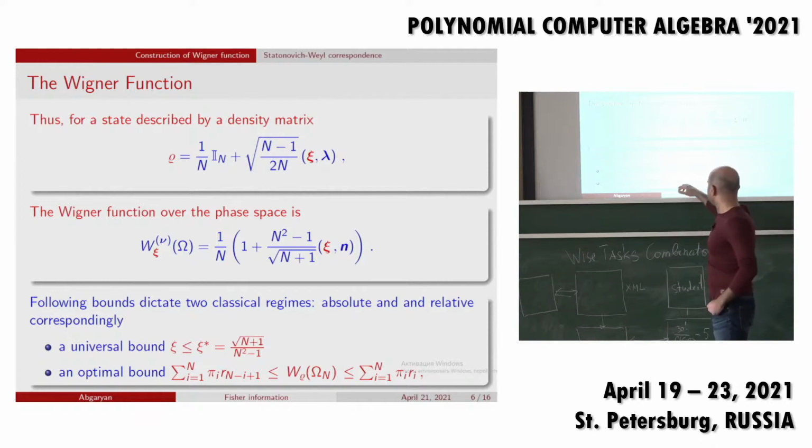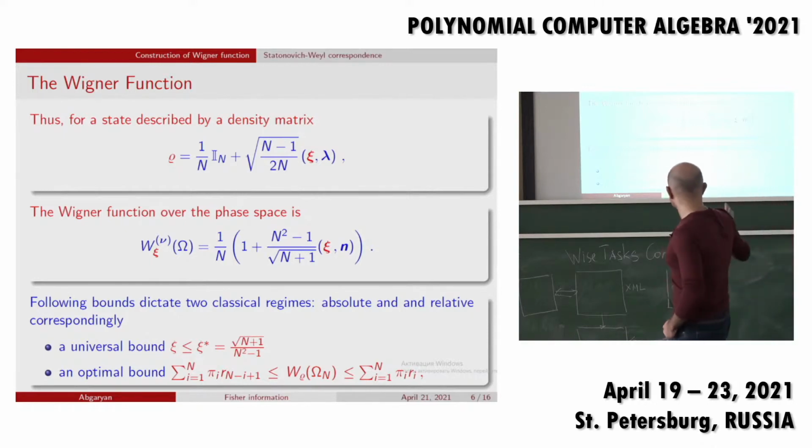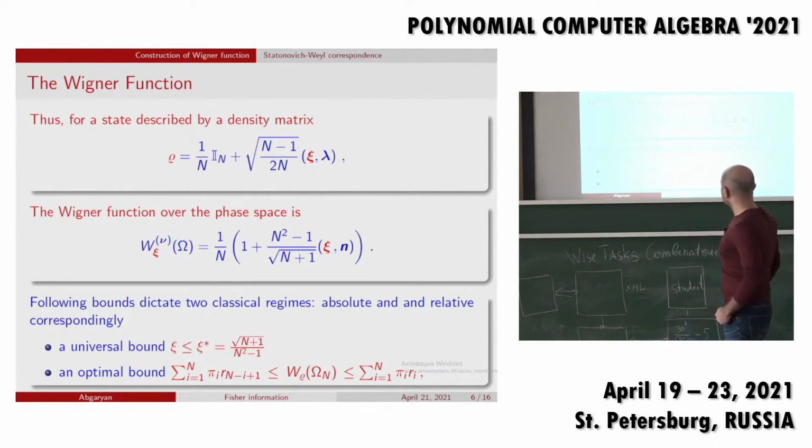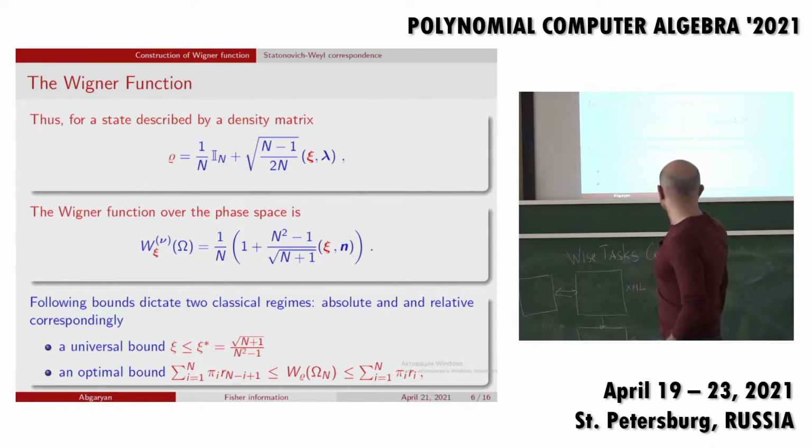Stratonovich-Weyl kernel with pi eigenvalues and r eigenvalues for your density matrix, this quantity is the infimum of Wigner function, and this quantity is the supremum. But this depends, of course, on the choice of kernel. So we call these states conditionally classical states.